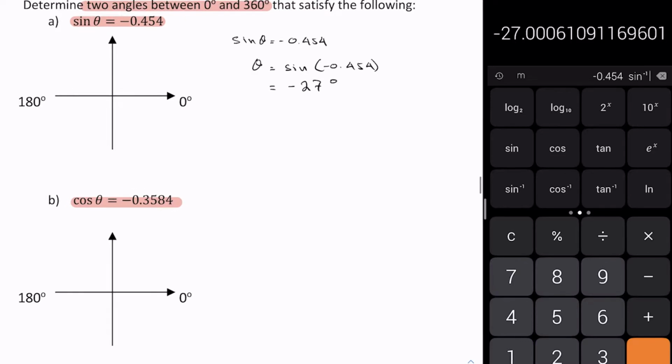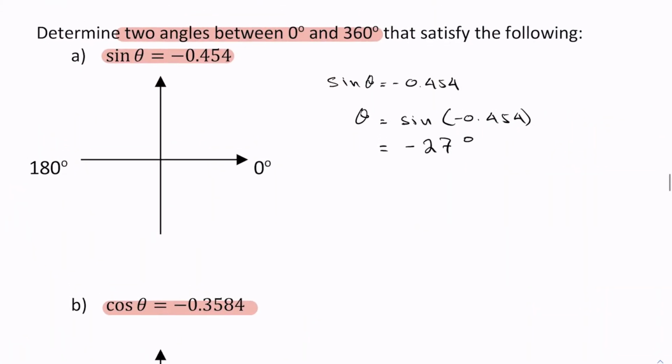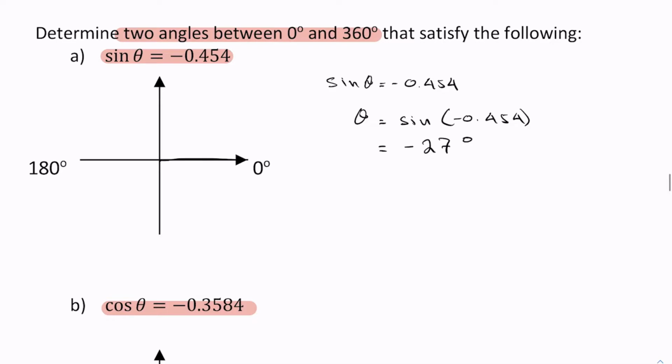So negative 27. If this is positive angles, this here is a negative angle, so I'm going to be down here.